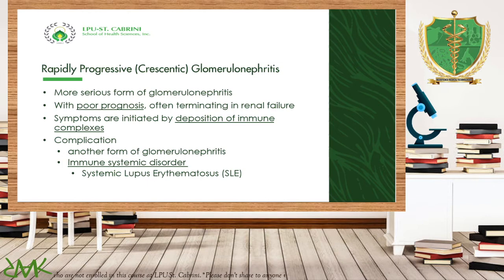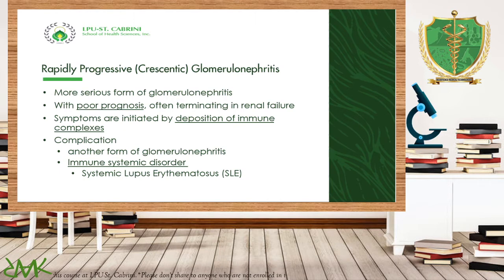However, it can lead to a renal failure. Now remember guys that rapidly progressive glomerulonephritis, also known as the crescentic, has symptoms initiated by the deposition of immune complexes. So almost the same thing with our post-streptococcal glomerulonephritis.